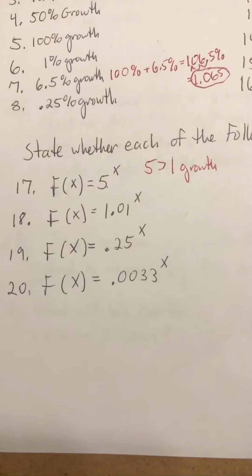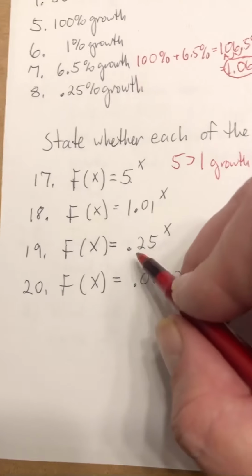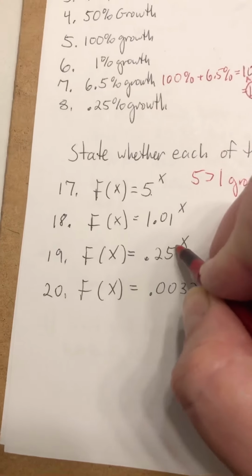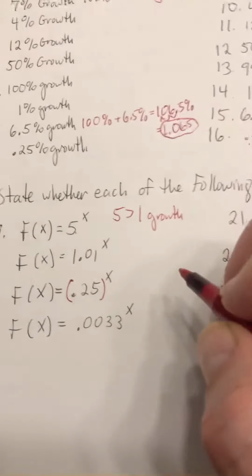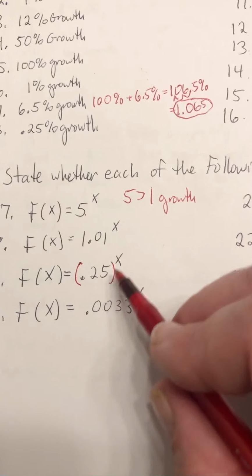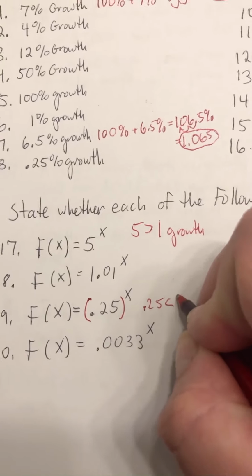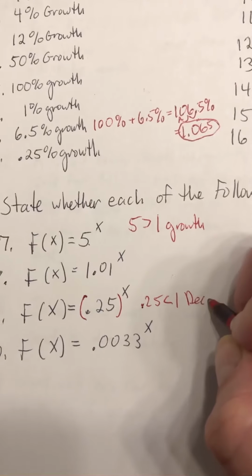So let's say number 19. It says 0.25 to the x. That's like saying all of this number is being raised to the x. So as x gets larger, what's happening to 0.25? Well, since 0.25 is less than 1, we would say that's a decay.